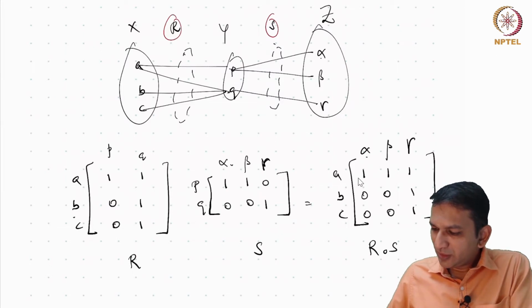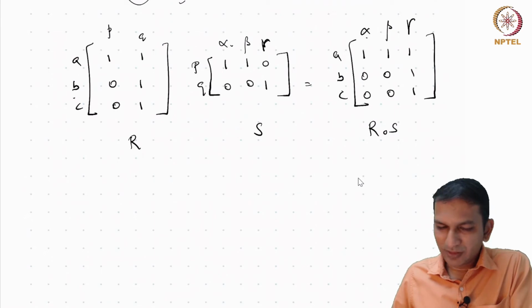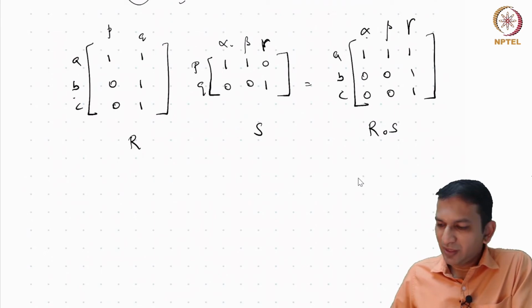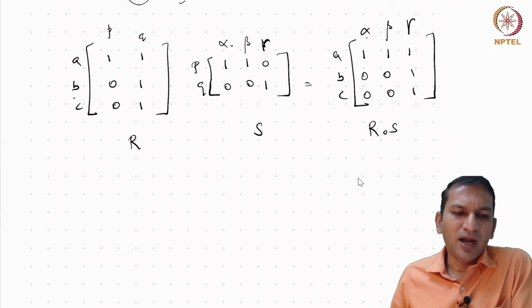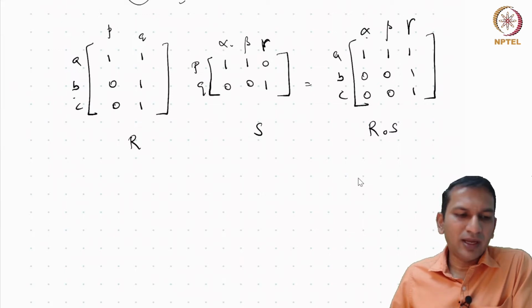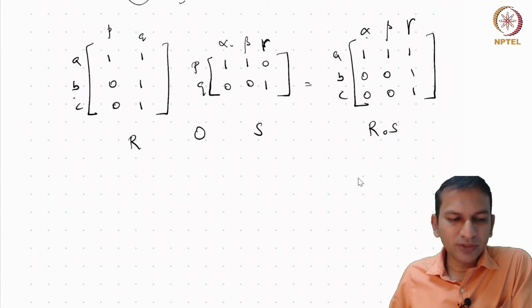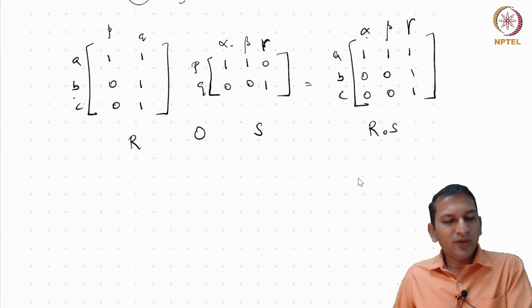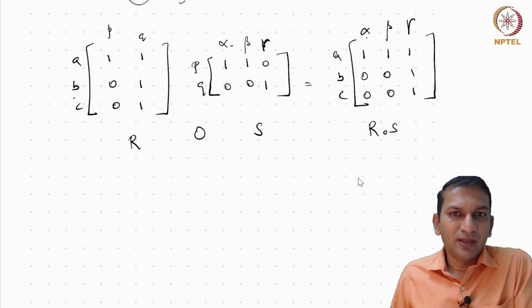So now, for the moment, let's assume that we are only given these two matrices which represent the relation. And from there, we need to come up with this matrix R circle S. How would we handle this is the question. Now we are given two matrices and we are actually obtaining another matrix. And all we are doing is using this composition operation. So now, in fact, it appears that what we are doing is some kind of a matrix multiplication.